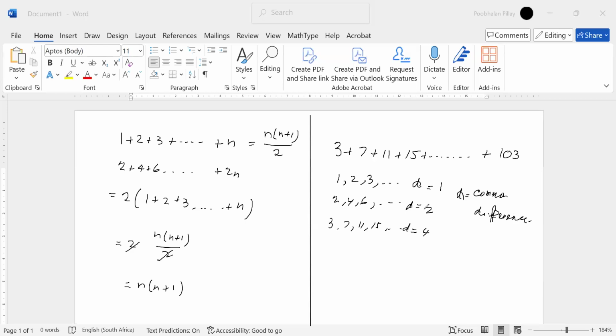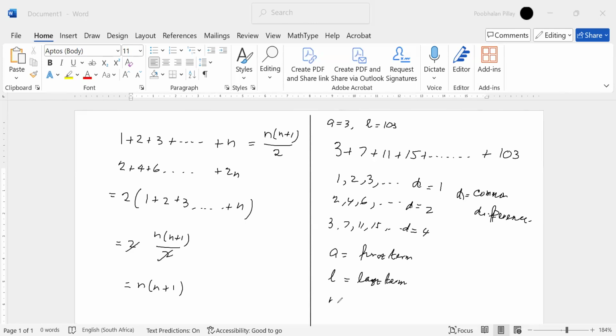And there are some very useful and important things to know about sequences like this, right? If I say A is the first term, and L is the last term, like here you've got A is 3, and L is 103, right?